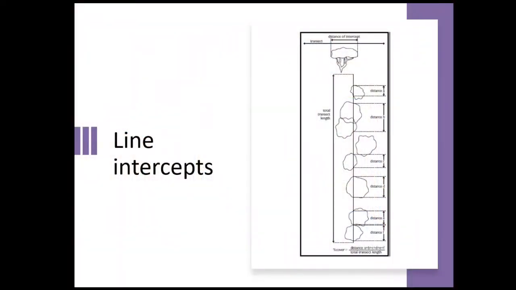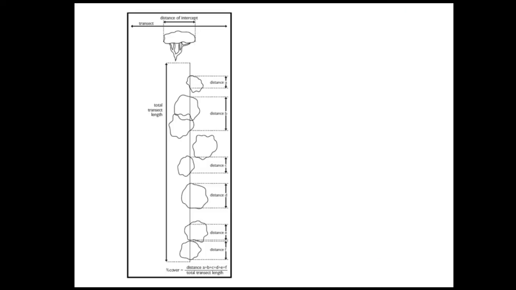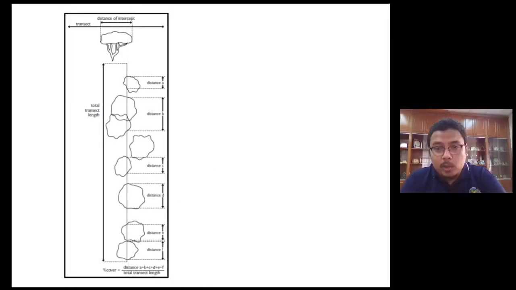Okay, so another technique that has been developed for measuring cover is what we call line intercepts. What is meant by line intercept is that canopy is measured along a line intercept by noting the point along the tape where the canopy begins and the point at which it ends, like this one.